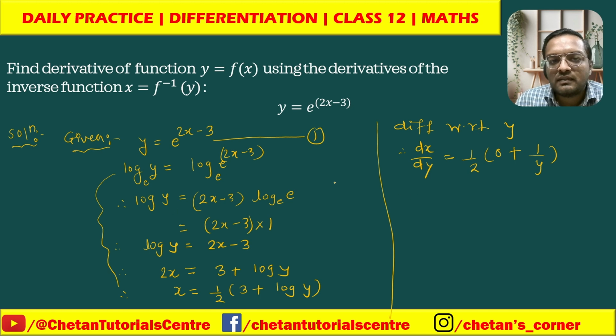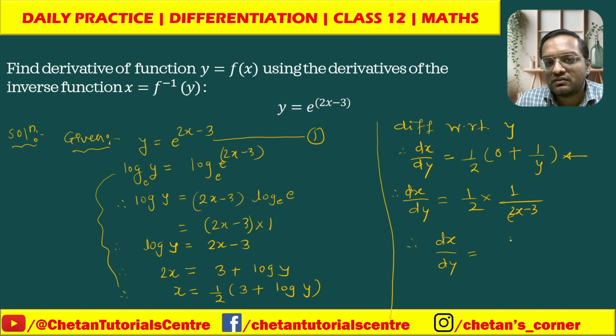And then from equation number 1, I will put the value of y in this equation. Then what I will get? dx by dy is equal to 1 upon 2 into 1 upon y. That is, 1 upon y, where y is e raised to 2x minus 3. So e raised to 2x minus 3. Therefore, on simplifying this, what I will get? dx by dy is equal to 1 upon 2 e raised to 2x minus 3.